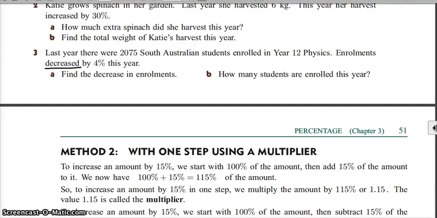Jazz, how could we go about this calculations-wise? Find the decrease in enrolments. You do the 4 over 100. 4%, yep, 4 over 100. And then you minus the 2,075.